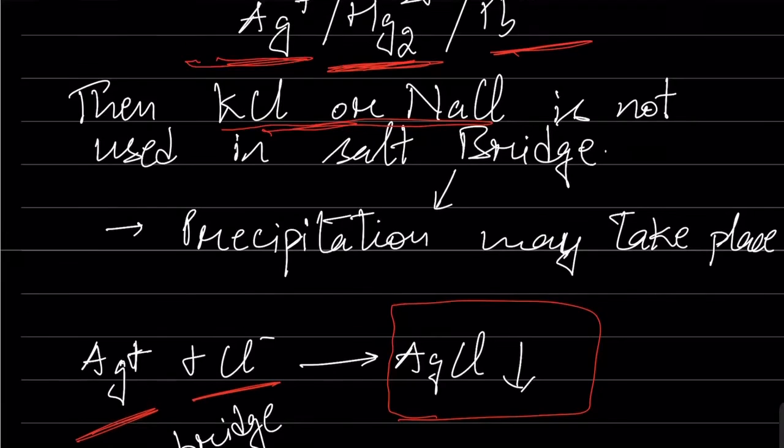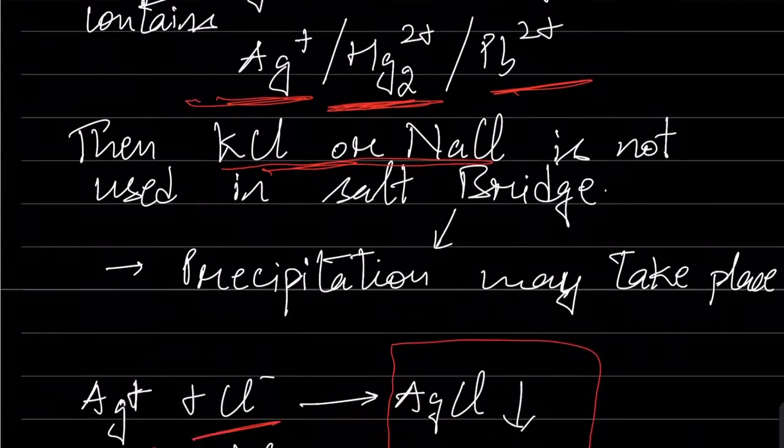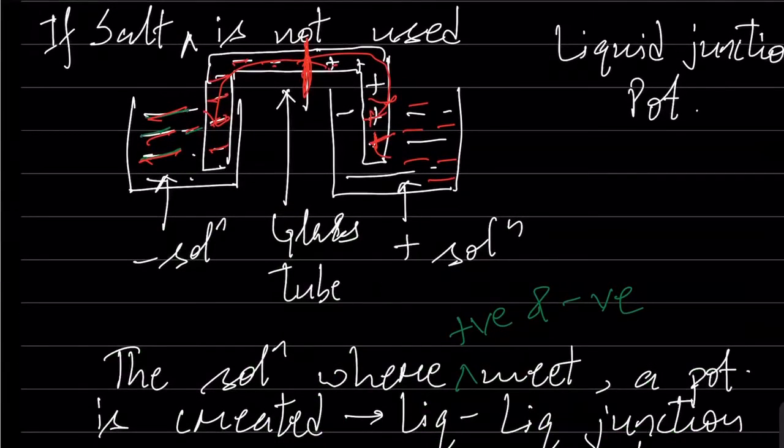So if Ag+, Hg2 2+ or Pb2+ are present in the half cell, KCl or NaCl should not be used. Rather you use KNO3. We must use those salts which do not precipitate, which do not combine with Ag+, mercurous, mercuric or lead 2+, so that precipitation does not occur, and the circuit remains complete.